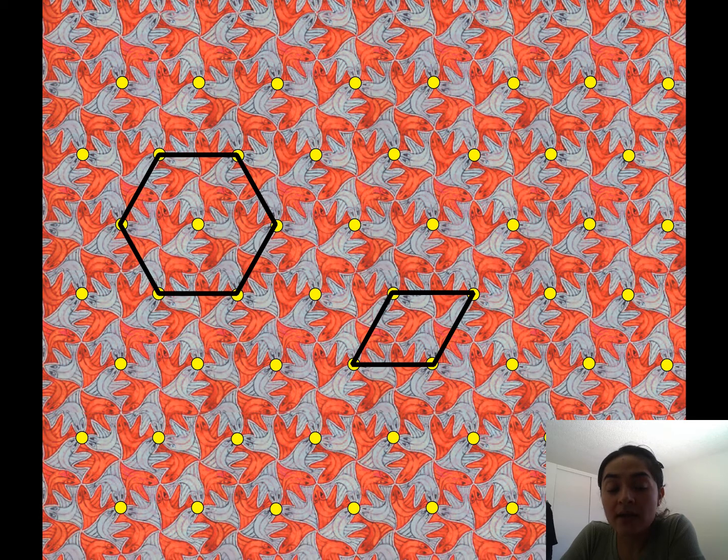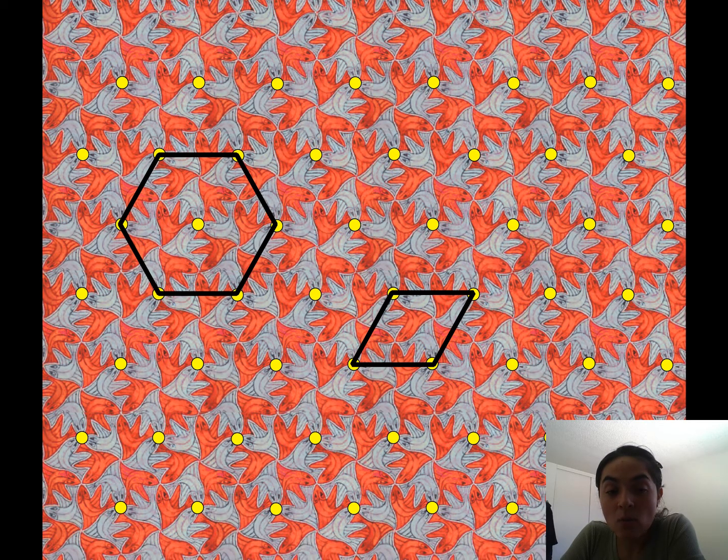But identifying this unit cell doesn't reflect the entire symmetry of the pattern. The smallest unit that can show the entire symmetry of the pattern would be this hexagon, which contains this center lattice point here.